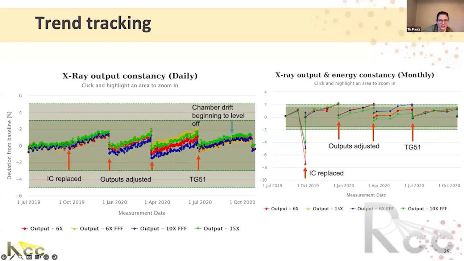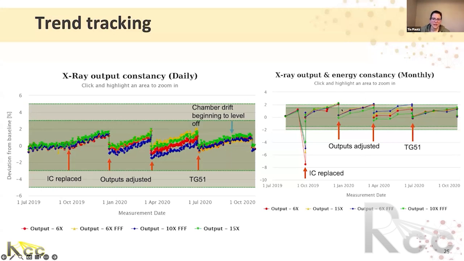At this point, we did a TG51, our annual calibration, and now all of our energy curves lie right on top of each other again. And then at this point, you can see that the slope levels out. That shows us where the end of the burn-in of our chamber occurred. So that's all information that we can get out of this one little graph.